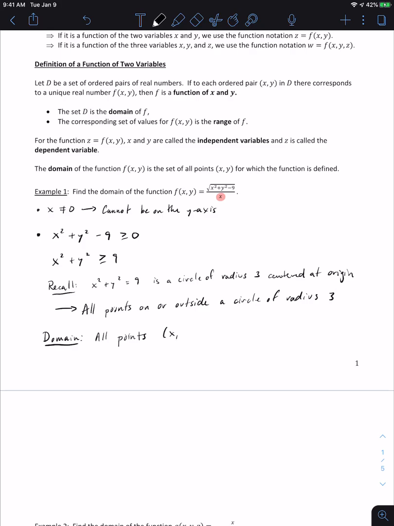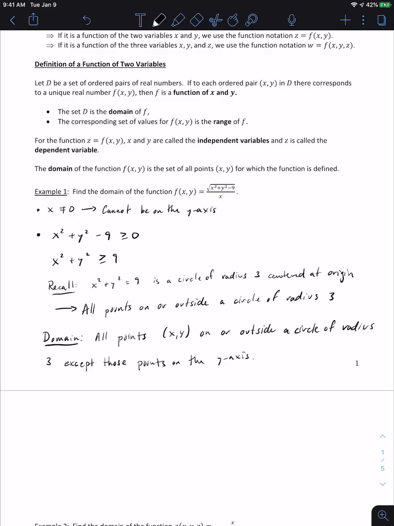So all points x, y on or outside a circle of radius 3, except those points on the y-axis.